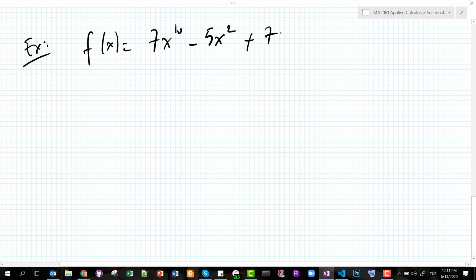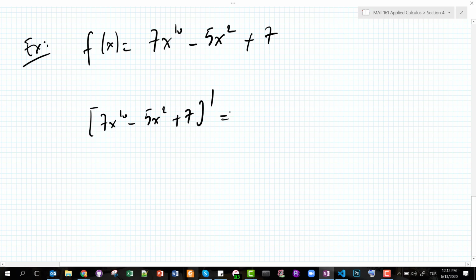Another example, if f of x is equal to 7x to the 10 minus 5x squared plus 7. As you see here, I have three different functions. I can split them up, and then I can take their derivative separately. So my question is the derivative of this expression.